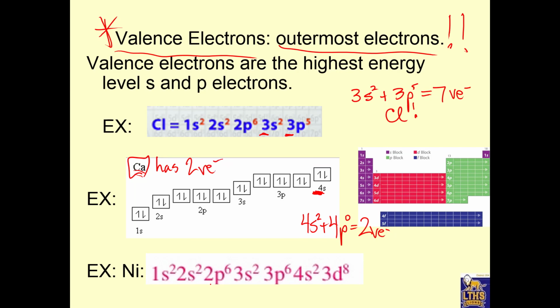I find the highest energy level represented, so I look at the big numbers: 1, 2, 3, 4, 5. So 4 is the highest energy level. And I add up the 4s plus the 4p, and there's only 2. So 2 valence electrons for nickel. That's how you find valence electrons. You look at the electron configuration, you find the highest energy level that element utilizes to put its electrons, and you add up the s plus the p.